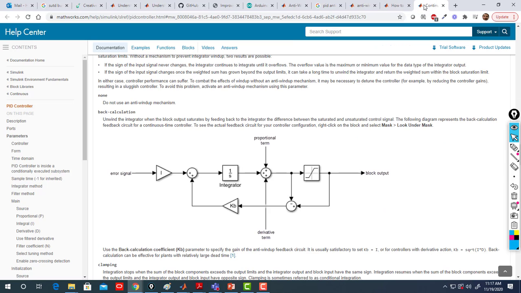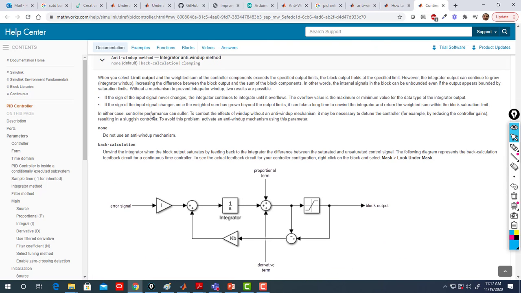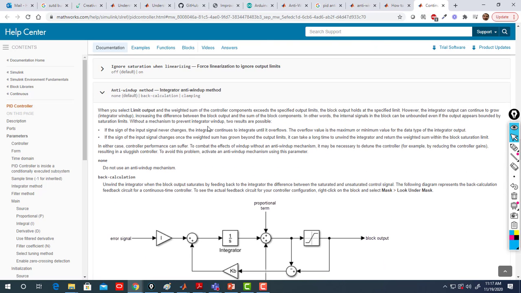So if you go back to the PID block, here they are explaining what the integrator windup effect is and why we need to eliminate it, as we described in the lecture and also in the video. In both cases, sometimes, as in the video, the sign of the error never changes.